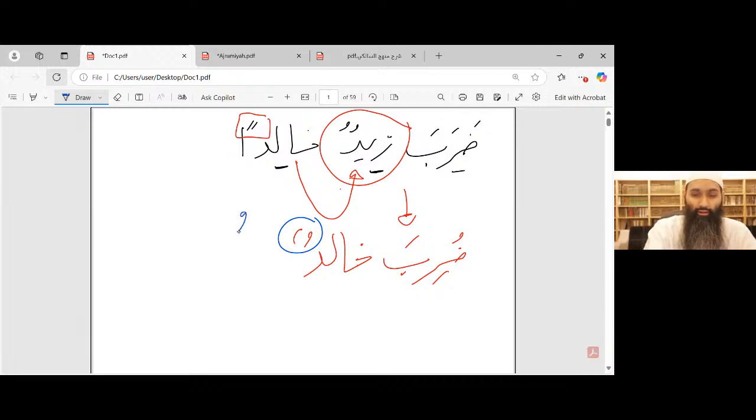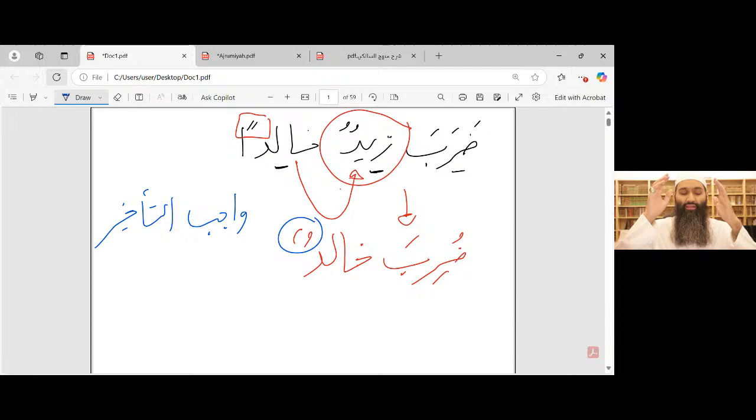Also, it becomes something which is wajibu ta'khir. What does that mean, wajibu ta'khir? It means that it can never precede the fi'l.